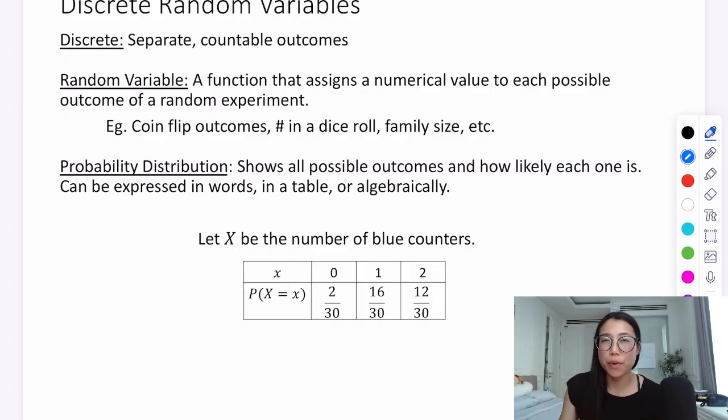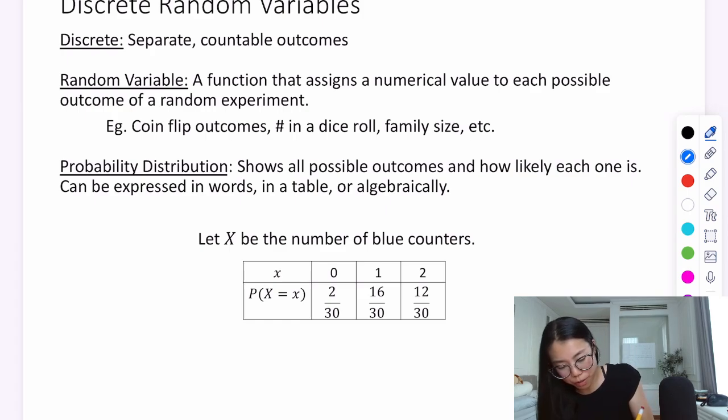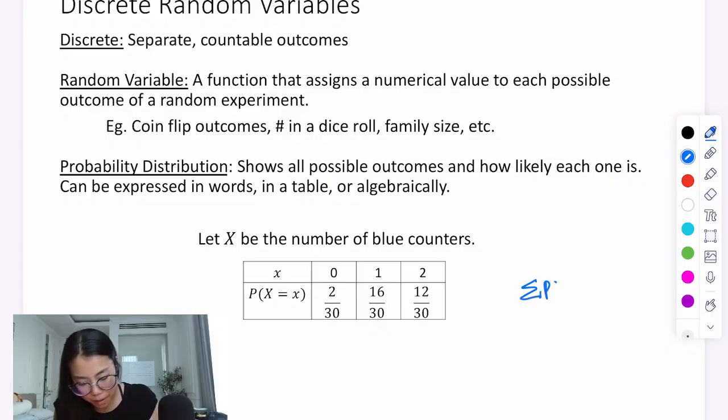So there's a few important things to note here. The first is that the sum of all the probabilities in your probability distribution function must equal 1. And so what we can do is write that as the sum, so this is the Greek letter sigma, of P of X is equal to lowercase x is equal to 1.